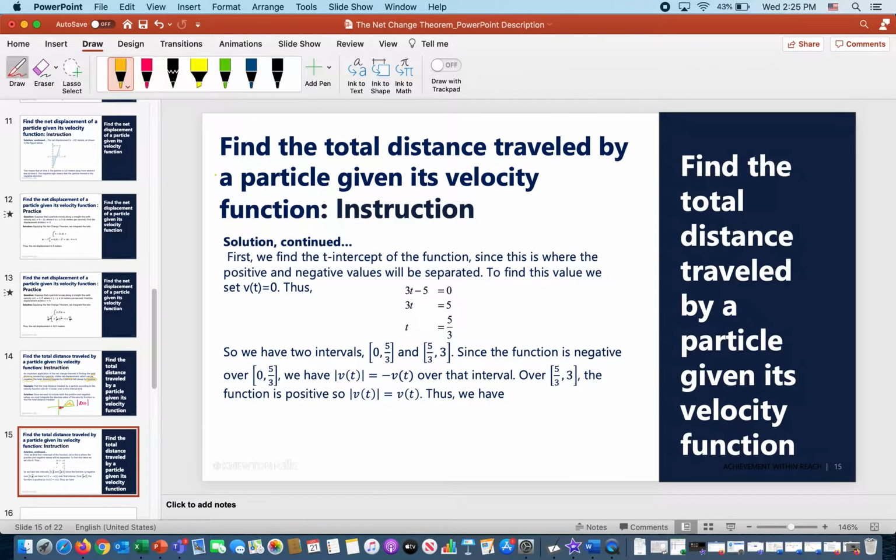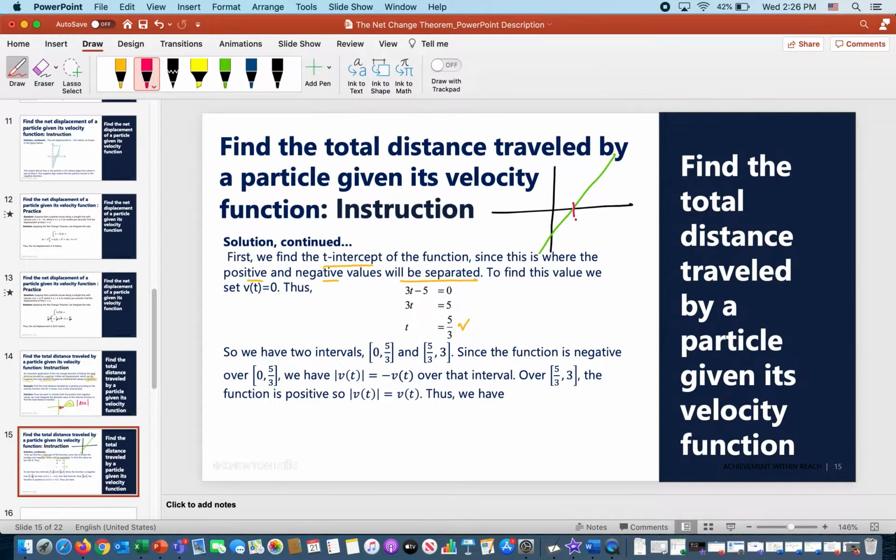One of the most important things we're going to do is take a look at the t-intercept, or it could be the x-intercept, because this is going to separate our positive and negative values. So if you look, we've taken our equation, set it equal to 0, and solved for t equals 5/3. Here's the significance of that. We've got our graph, looks a little bit like this.